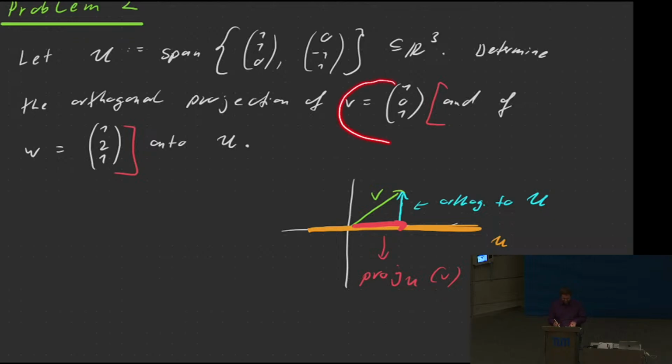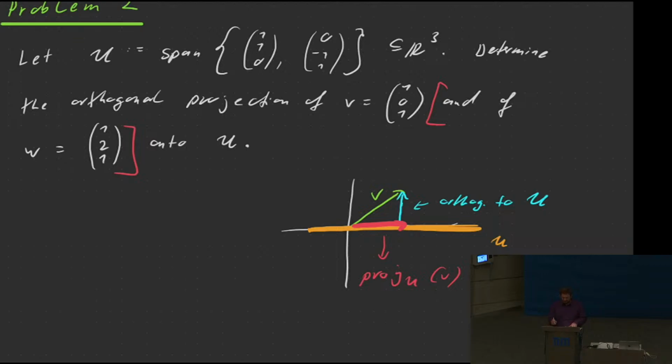So this vector V is (1, 0, 1). Did anyone come up with a projection of V onto U? What's the result? Yeah, it's the same vector. Why is that?